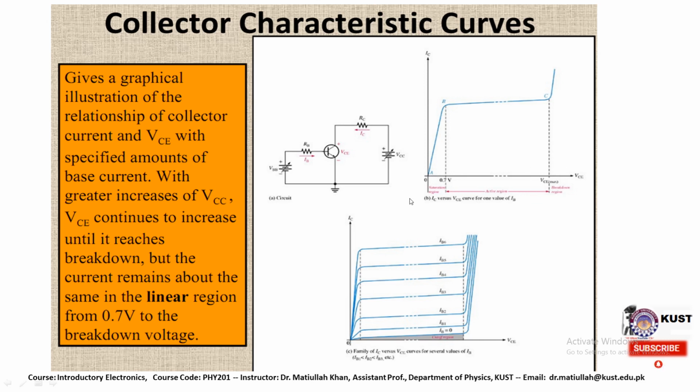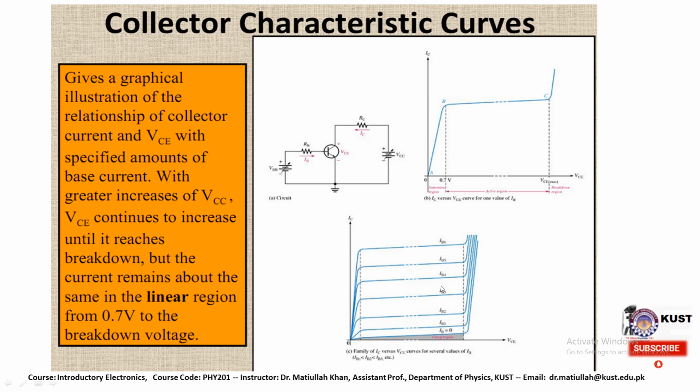So we have a set of curves like this that could be drawn for different values, and that is the family of IC, the collector current, versus VCE, the voltage across the collector emitter junction, for several values of IB. If we change the value of base current, we will have a different set of collector characteristic curves.